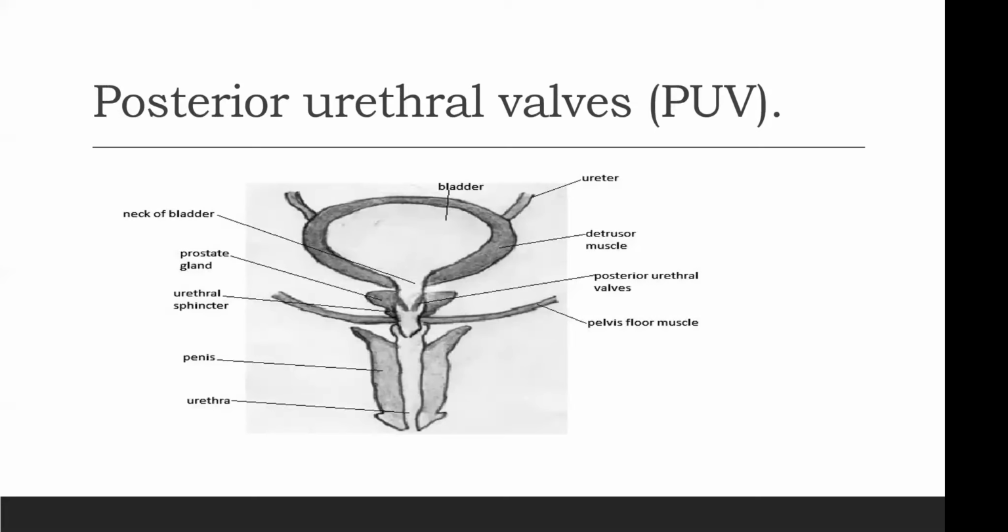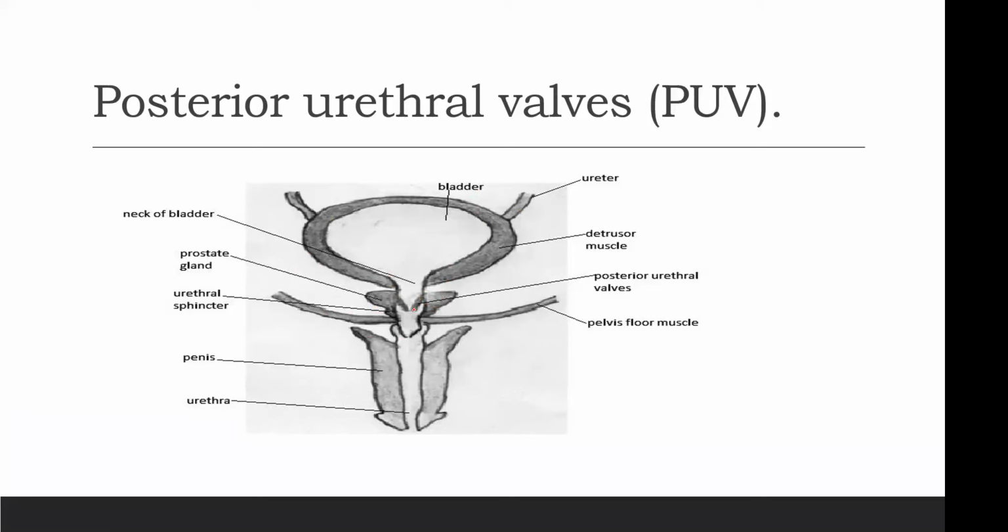These posterior urethral valves are thought to be a congenital malformation in males. This is a schematic representation of the male lower urinary system, which shows the bladder, the bladder neck, and the prostate.